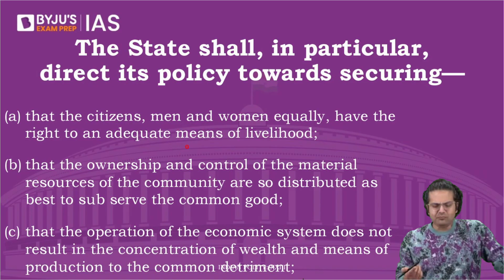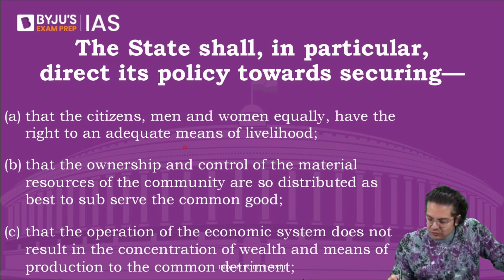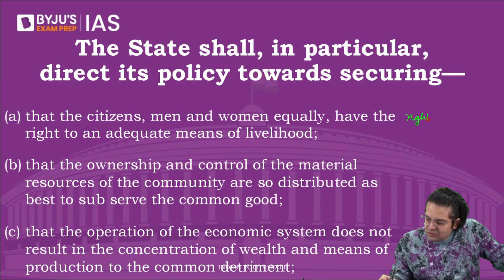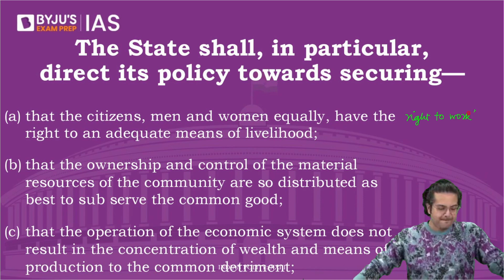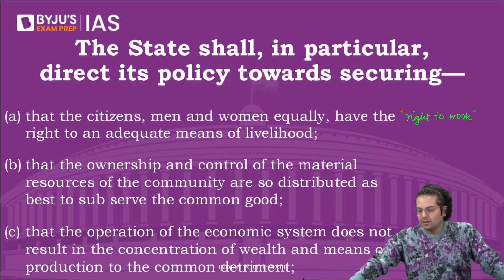So, we want to make policies in such a fashion that there should be right to work for everyone. Great. A very good concept. Yes, we should try to provide for work for everybody. Fair enough. Then I think we have seen B and C. Yes or no? Tell me.